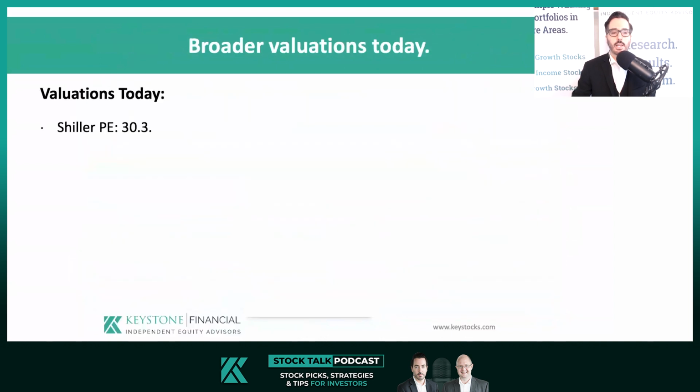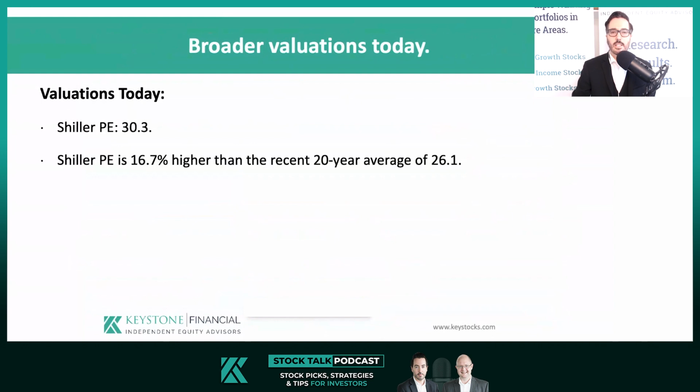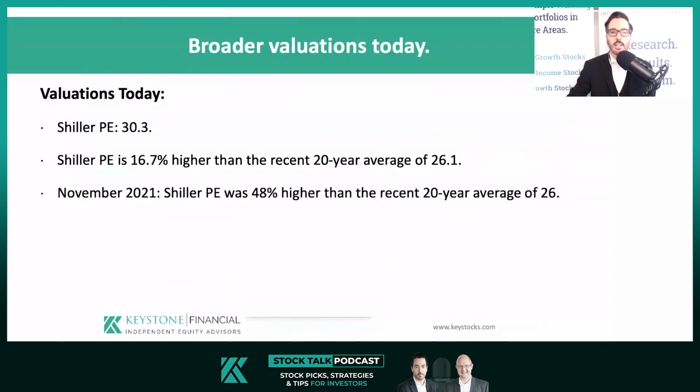Well, the Shiller PE is now 30.3. Contextually, it's about 16.7% higher than the recent 20-year average of 26.1. Now, this is far better than the range of 38 that it hit in November this past year, which is about 48% above the PE of the last 20 years.